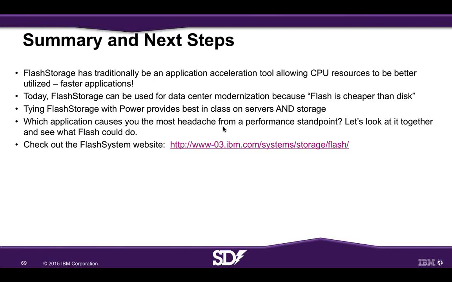Today for the FS900, we have either Fibre Channel or InfiniBand interconnectivity. But let's step back one step. When you attach the FS900 to a SAN, you have a GUI that allows you to take that 57 terabytes and slice it up into LUNs. At that point, those LUNs look just like a disk to your Power server, or Linux on Power.